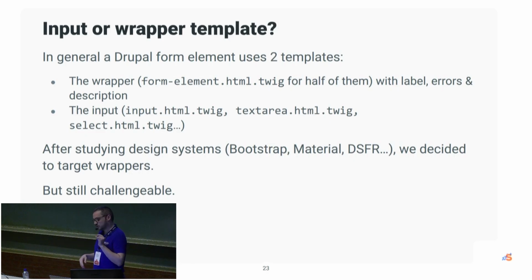And then you have a tiny, very small template, input.html.twig, textarea.html.twig, etc., for the proper input. And that way, with SDC component, we propose first to have a wrapper template, which also will print the input tag. But it is still under discussion, and maybe I will change that. It will depend on the design system you are implementing and your needs.